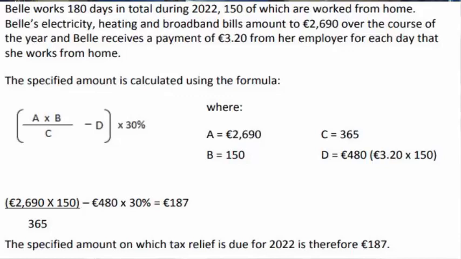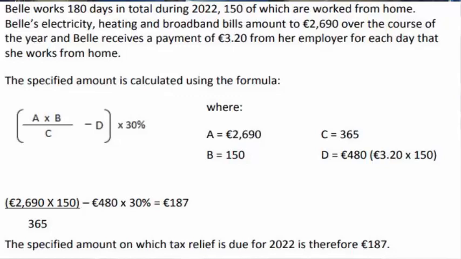Example 8. Bell works 180 days in total during 2022, 150 of which are worked from home. Bell's electricity, heating and broadband bills amount to €2,690 over the course of the year, and Bell receives a payment of €3.20 from her employer for each day that she works from home.